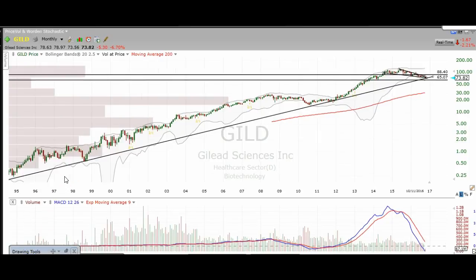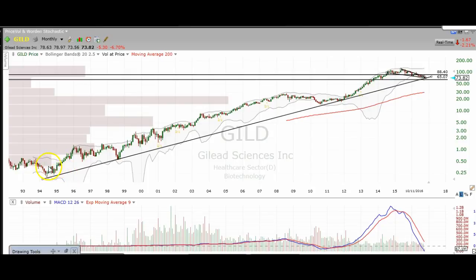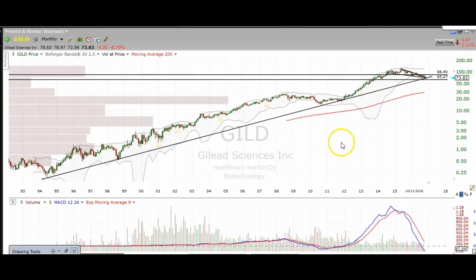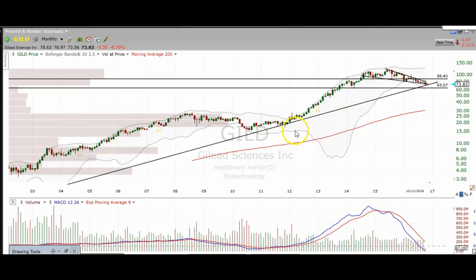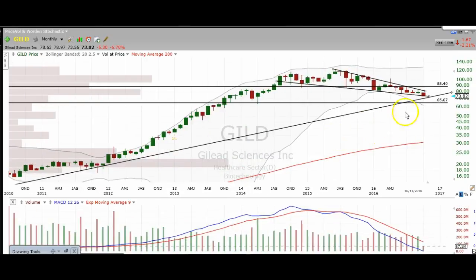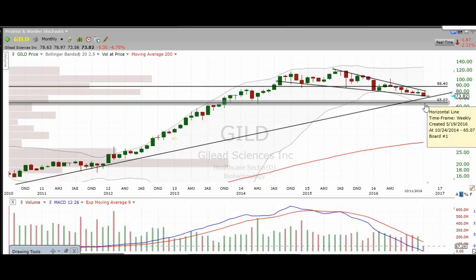So GILD, starting in 1994, has been in a massive uptrend. You can see several touches here in 94. Here in 98 you have a touch, and then here you can see we have several touches in 2011, in 2012, and we're coming up to another touch right here. So between $65 and $70 can definitely get a bounce.